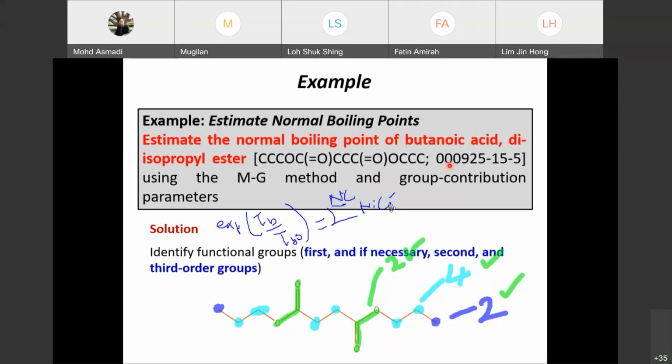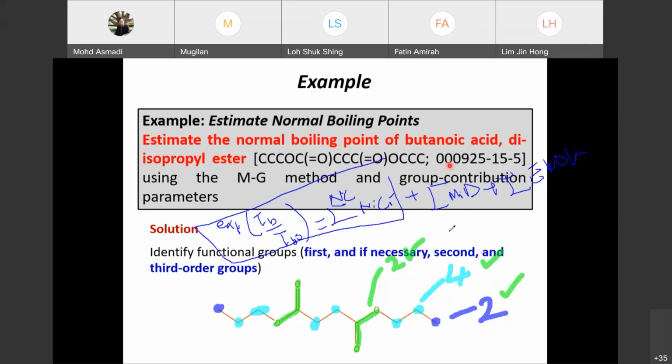If you want to add second order and third order, you can add them. Is it necessary? We try this one first and see the answer. The number of occurrences is already set.